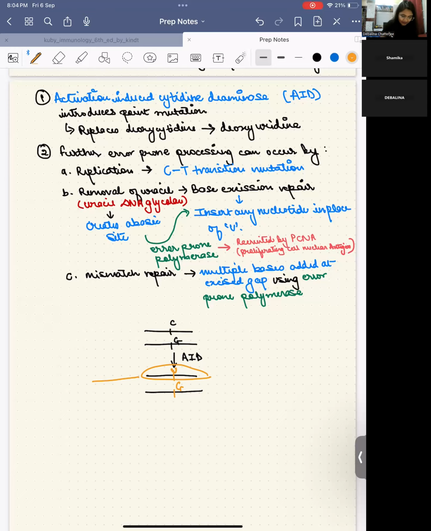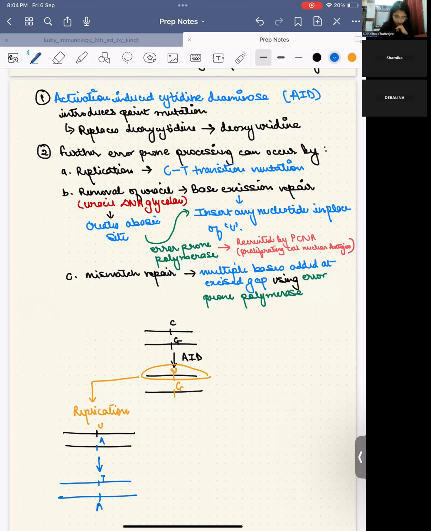When this strand enters normal replication, what happens? If it would have had C, it would have given a daughter cell which is a CG combination again. But now, since it has U, the daughter cell that forms, instead of G, has A, and ultimately in subsequent generations we will have an AT transition.